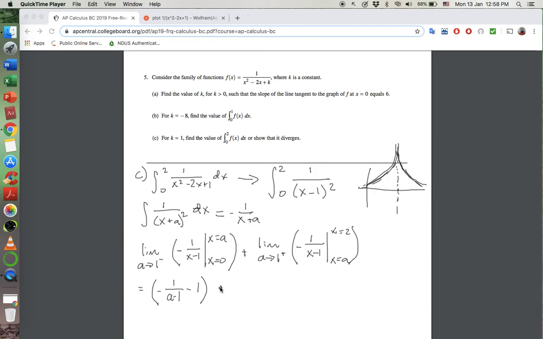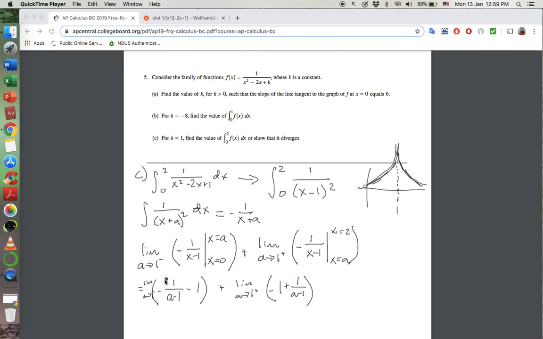And then I suppose we should say this is a limit as a approaches 1 from the left, and this is the limit as a approaches 1 from the right. Same thing here. Plugging in 2 for x, we get 1 over 2 minus 1, which is 1. That's negative times negative 1. And then x equals a, 1 over a minus 1. We're subtracting a negative, so we'll add there a minus 1.